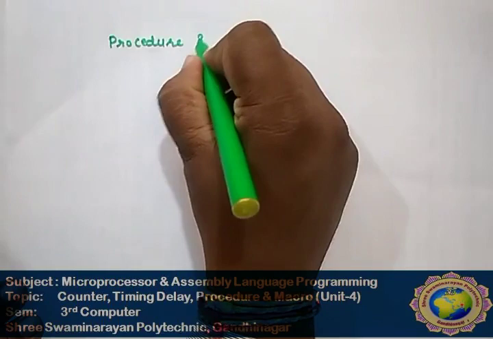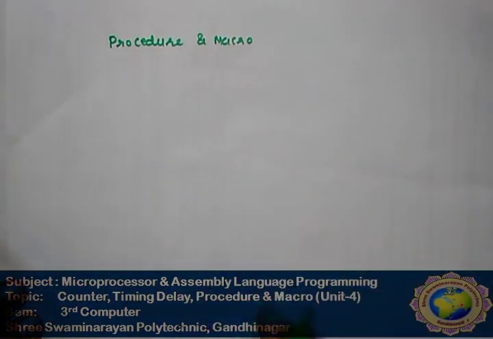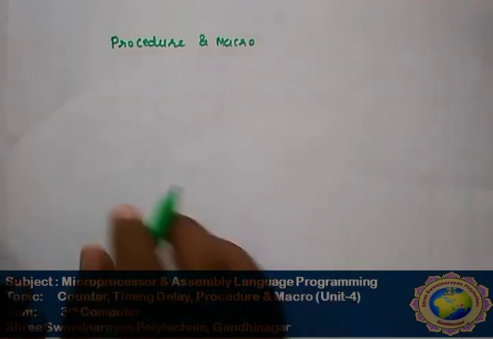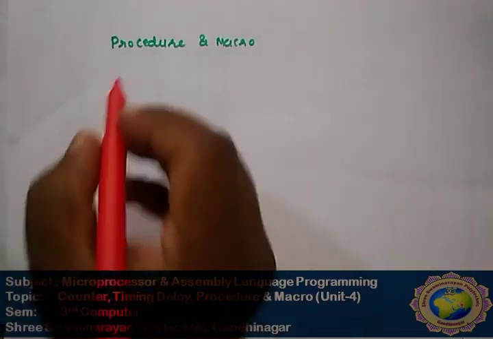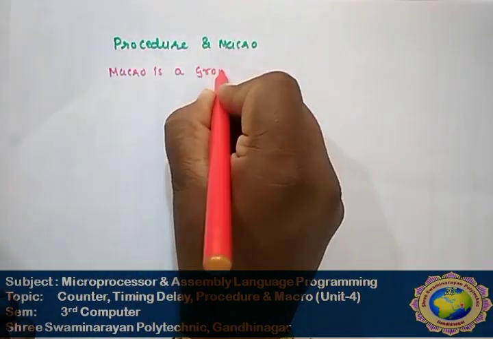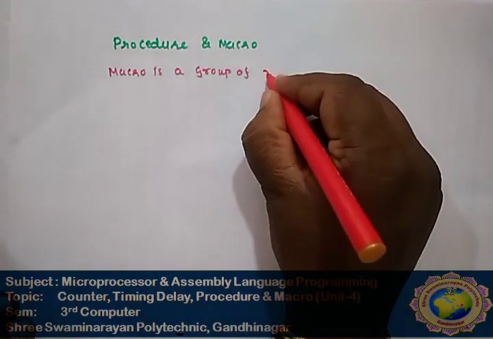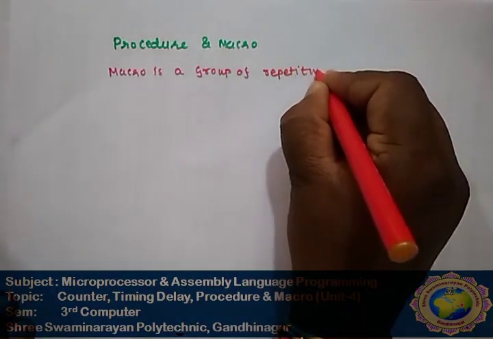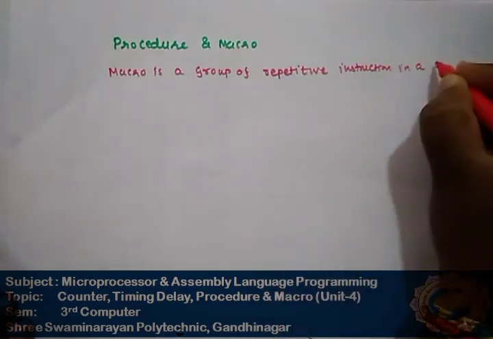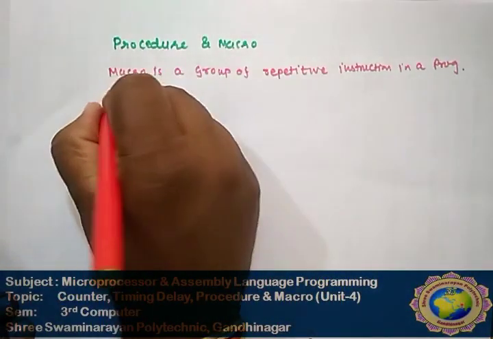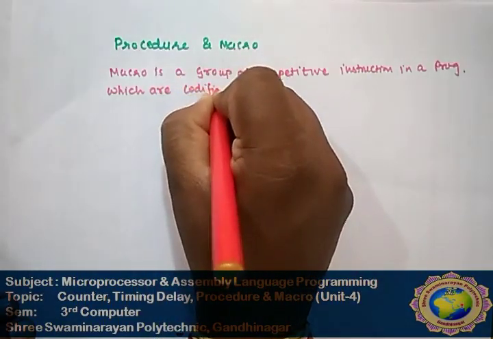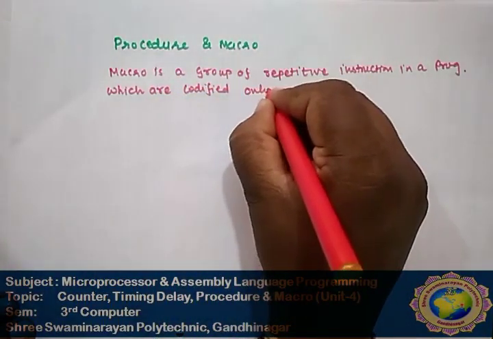Today you have to write two questions. First is explain counter and timing delay, and the second question is procedure and macro. What is a macro? Macro is a group of repetitive instructions in a program which are codified only once.